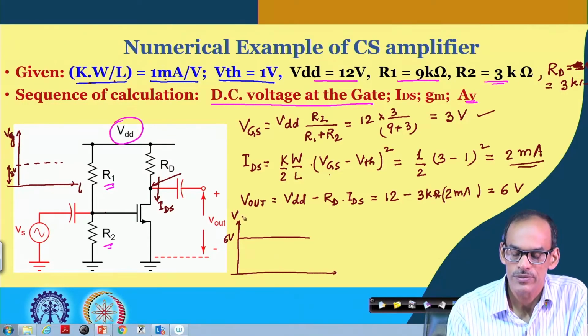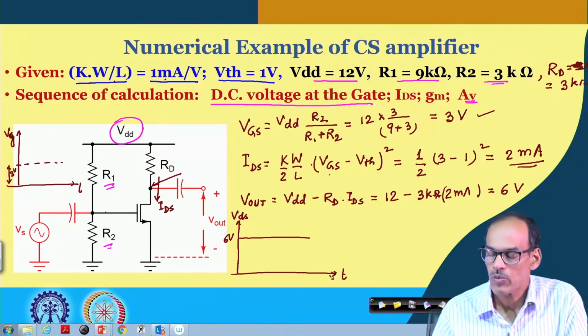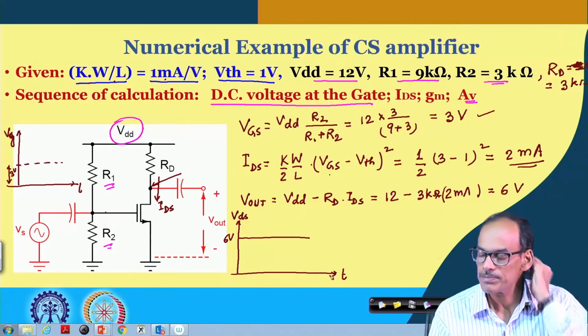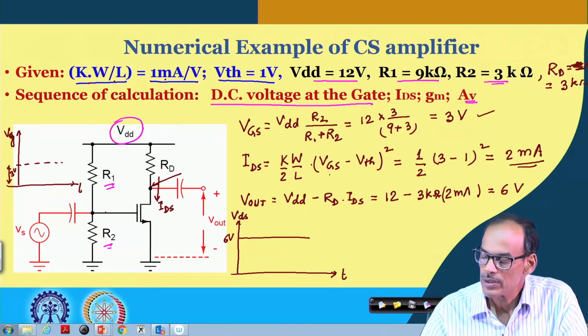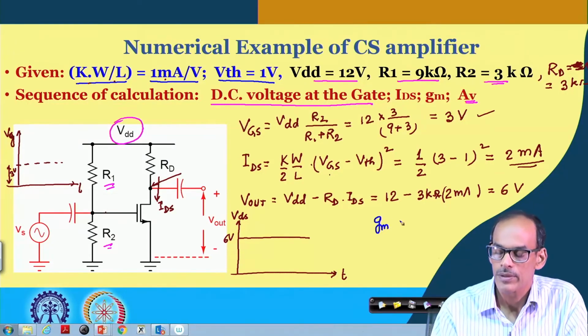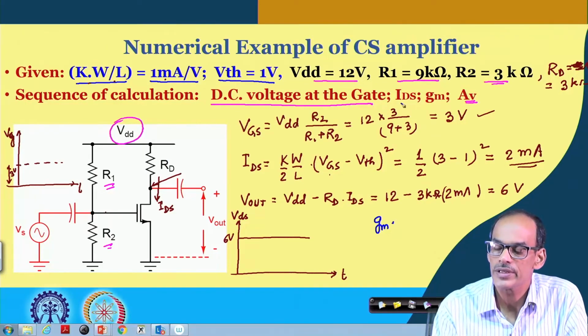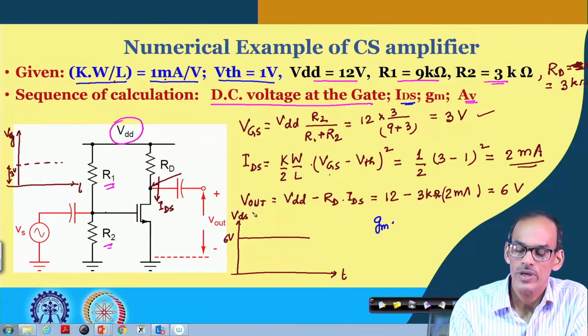So, this is VDS, and then what is the value of the GM? Now, to calculate the GM, we obtain IDS, we obtain V out.